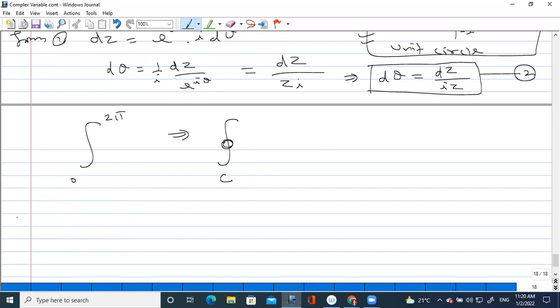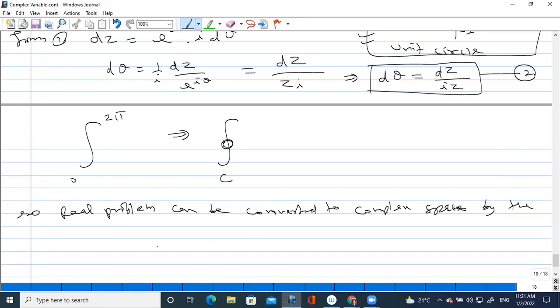Okay. So a real problem can be converted to complex space by the formula. Which formula can we use? Our real problem was integral 0 to 2 pi f cos theta sin theta d theta.